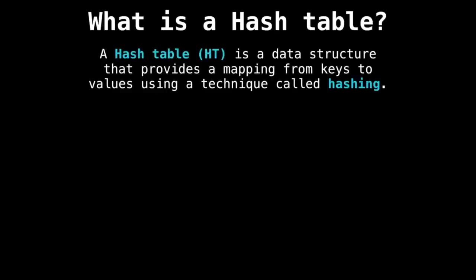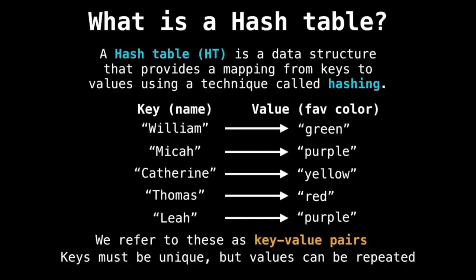Alright, so to begin with, what is a hash table? So the hash table is a data structure that lets us construct a mapping from some keys to some values via a technique called hashing, which we'll talk about shortly. So the key could be any value, as long as it's unique, which maps to a value.